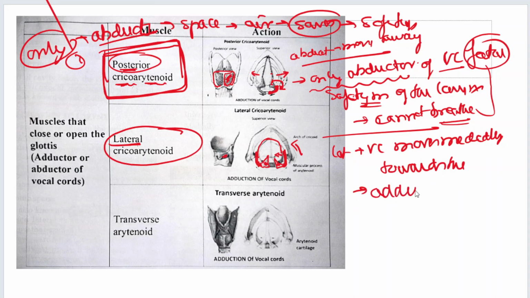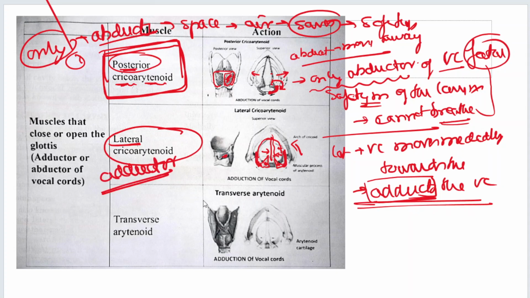It adducts the vocal cord. As we just talked, adduction means bringing the vocal cord close to the midline. See here, both the vocal cords have come together. This is the arrow that they are showing. So it is causing both the vocal cords to come closer together, closer to the midline. So this is an adductor of the vocal cord.